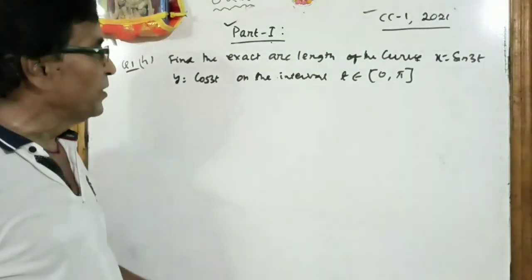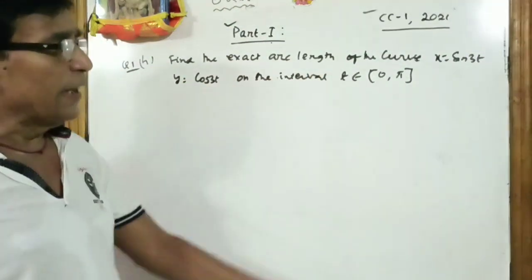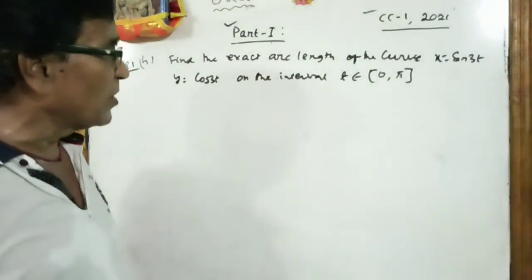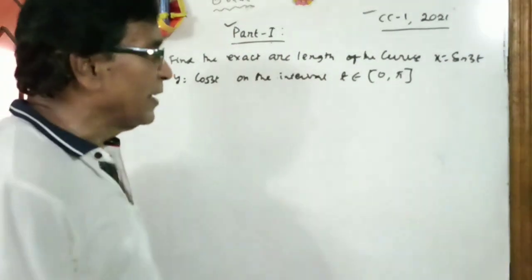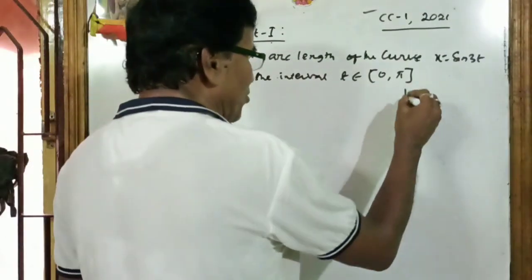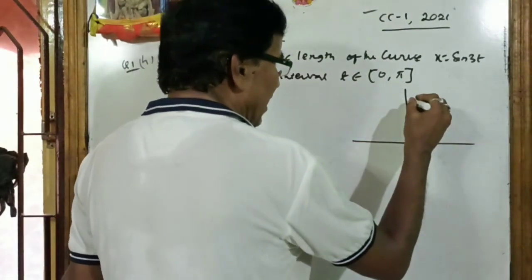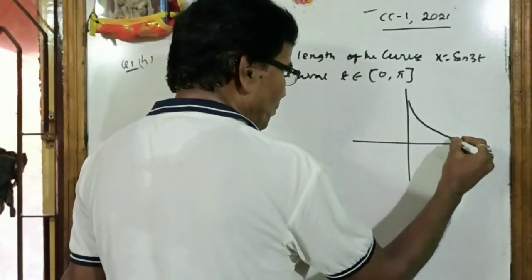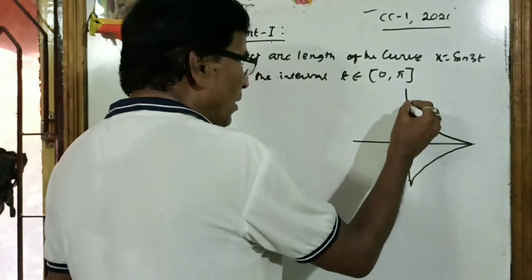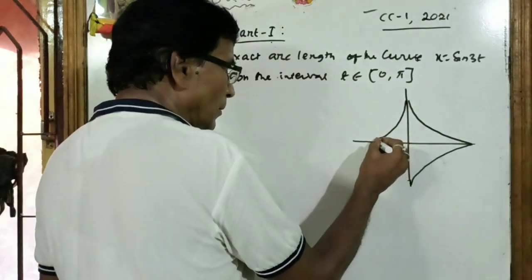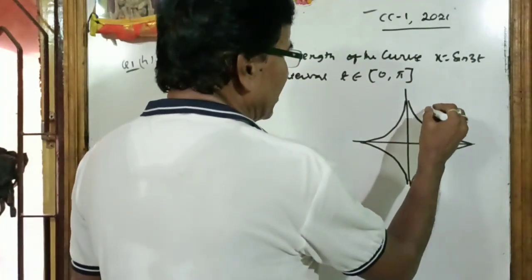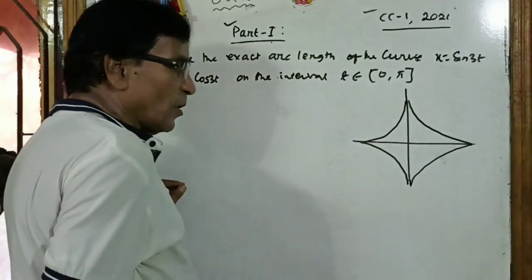Question number 1H. Find the exact arc length of the curve x is equal to sine 3t, y is equal to cos 3t on the closed interval t from 0 to pi. So it is an asteroid, where x is equal to sine 3t and y is equal to cos 3t.